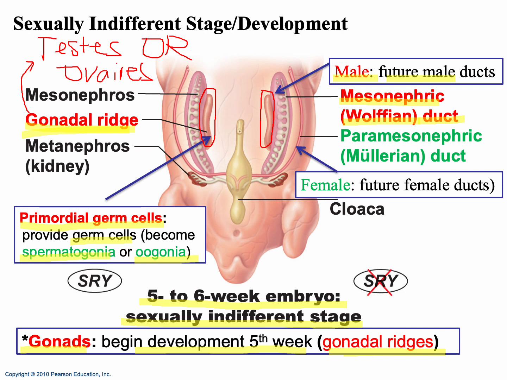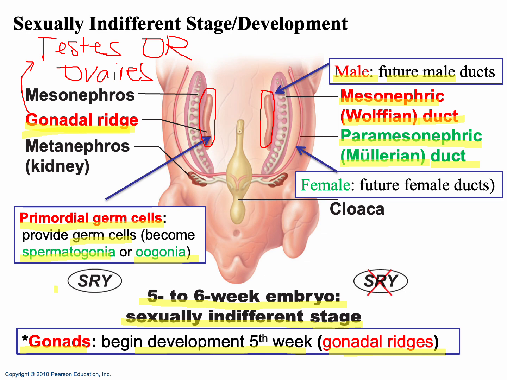With the female, it would be the development of the paramesonephric duct or the Mullerian duct. And this structure will evolve into internal genitalia of the female. It can develop into the fallopian tubes, the uterus, the cervix, so things like that.